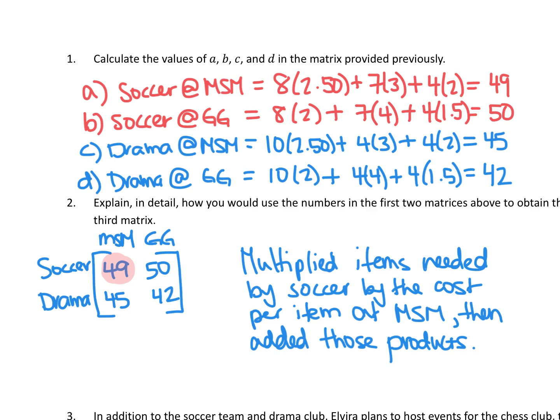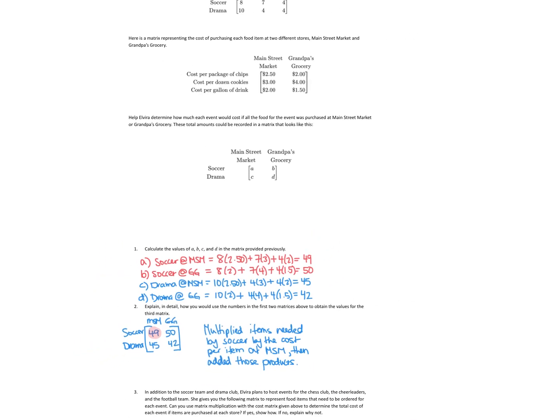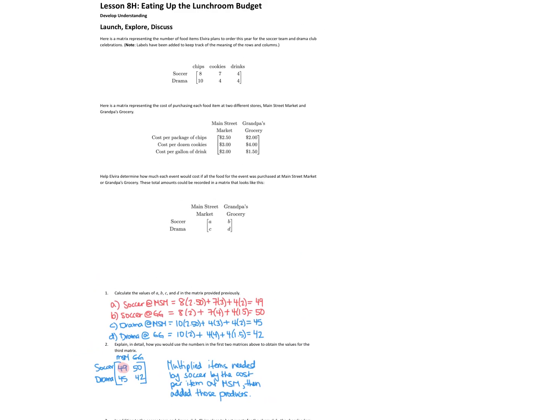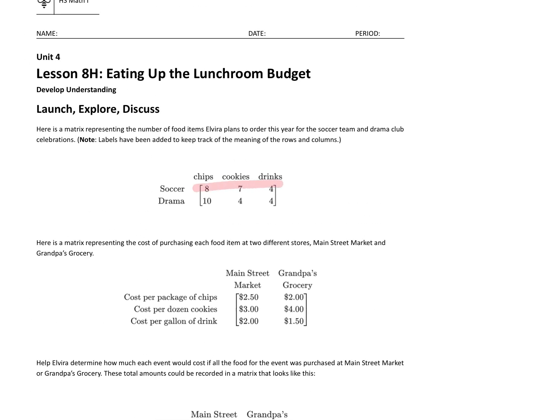If we look back up here at the two original matrices, I'm going to try to zoom out a little bit. Basically what we did was we took this row, okay, for soccer, and we multiplied it by this column for Main Street Market, and then we just added those values, those products, to get our total.